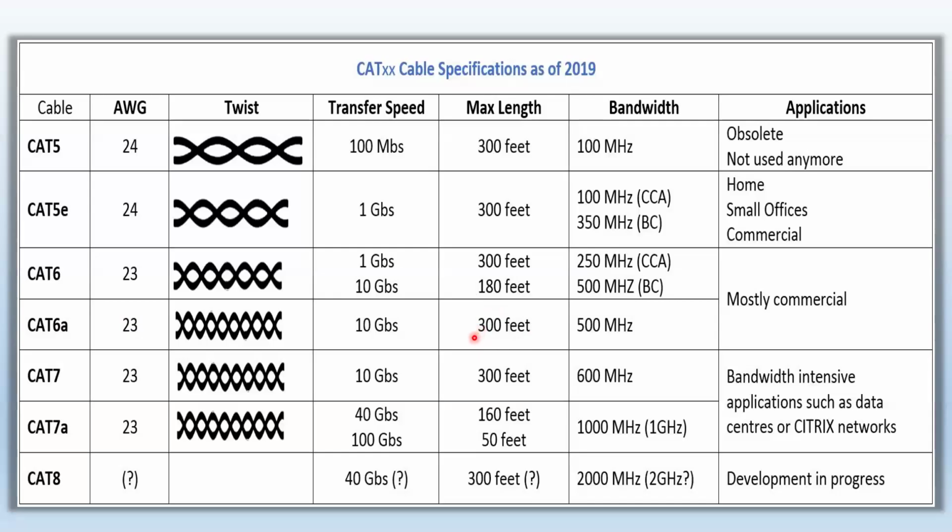So yes, there's a cable that can go up to 1,000 feet with 10 gigabits per second transfer. You might want to keep this page here.